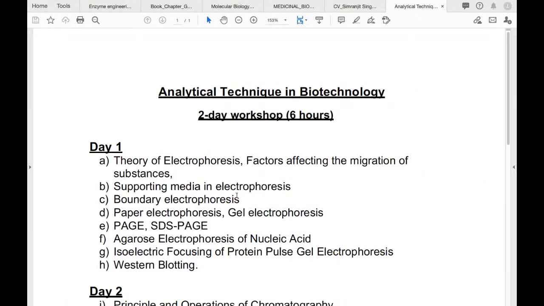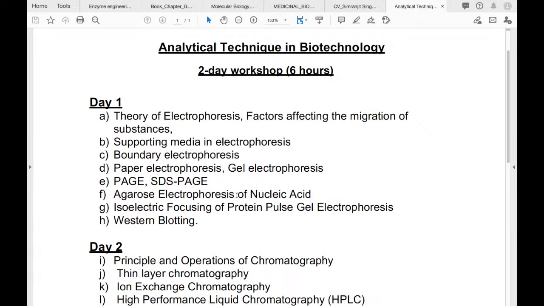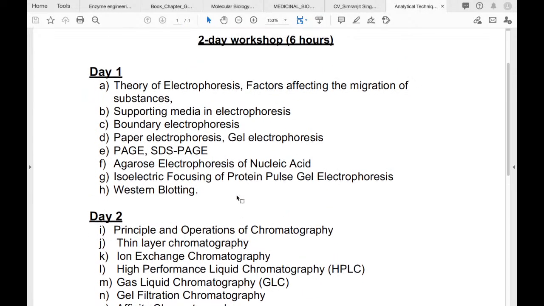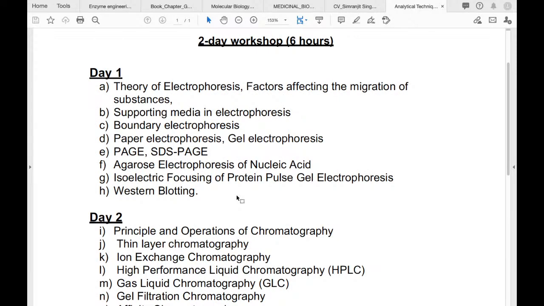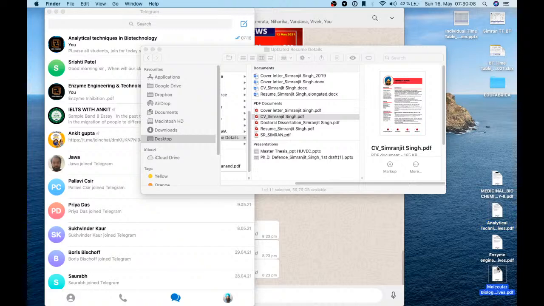Usually we make it 3 hours for a 2 day workshop, but at the moment I'm currently running a molecular biology workshop, an enzyme engineering workshop, an analytical techniques workshop, and a medicinal biochemistry workshop. These are all for 2 days.